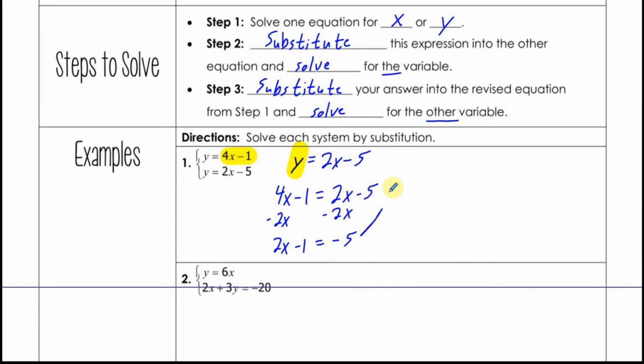Okay? So now I'm going to carry this back up here. 2x minus 1 is negative 5. So we're still doing step 2 right here. So we can label this. Solving it was step 1. So step 2.